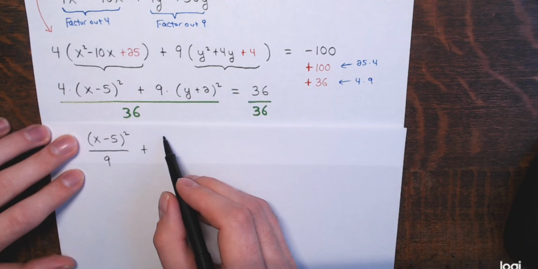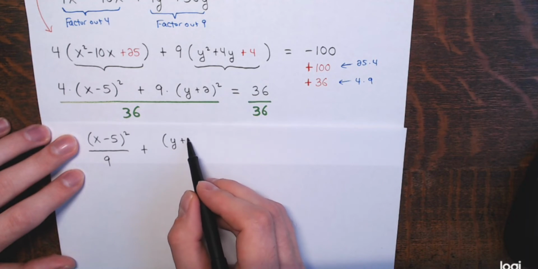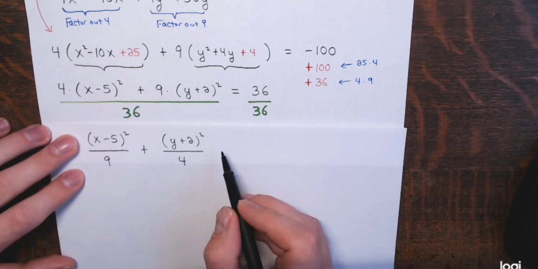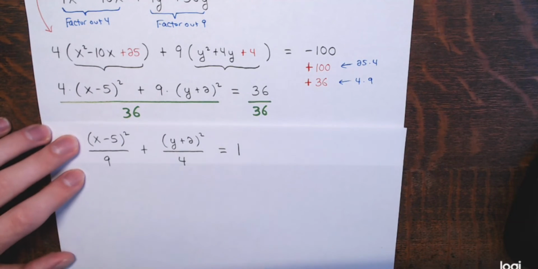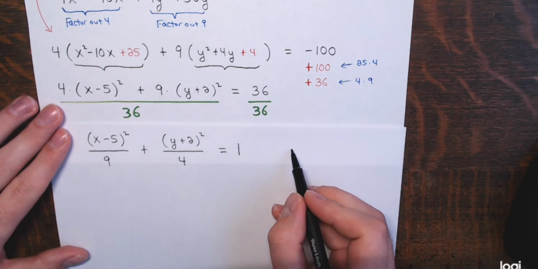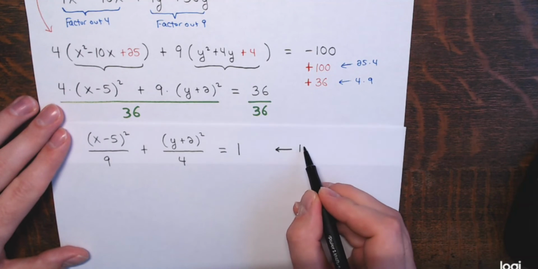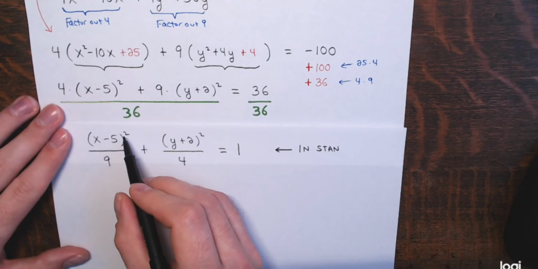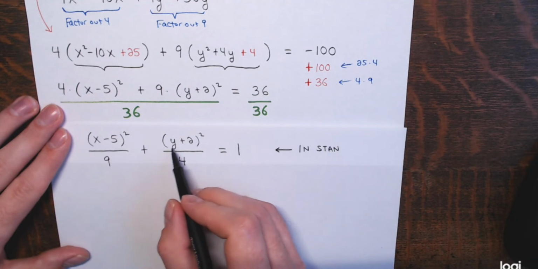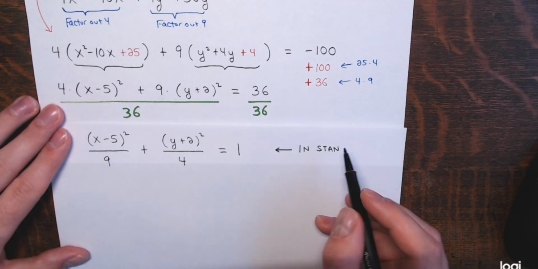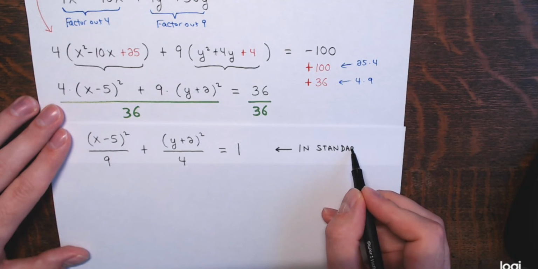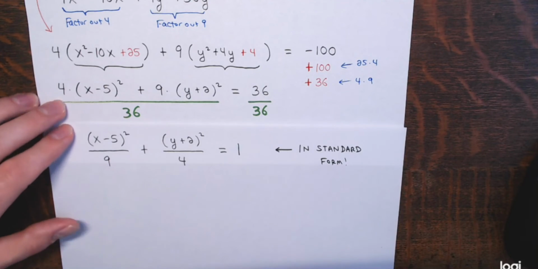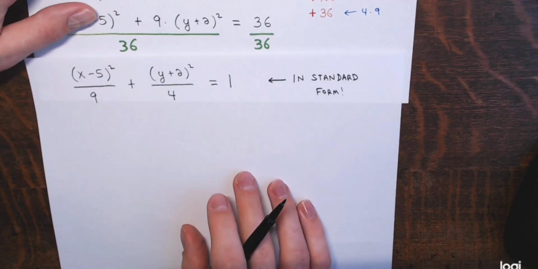So you have the quantity y plus 2 squared in the numerator divided by 4 equals 1. And now, finally, this is in standard form. Some quantity with x squared divided by a number plus some quantity with y squared divided by a number equals 1. This is the standard form for an ellipse, centered at the point 5, negative 2.